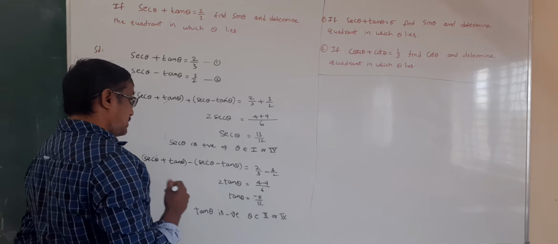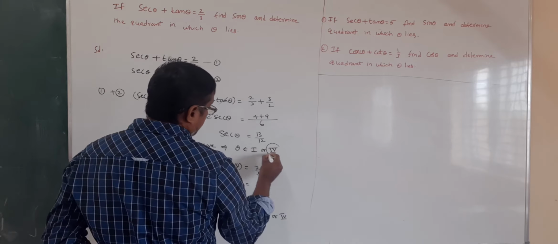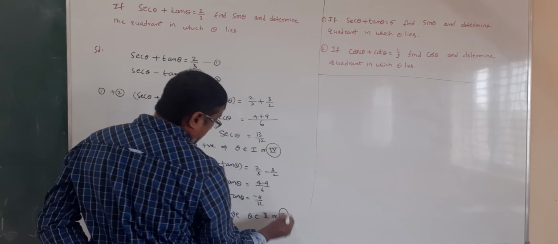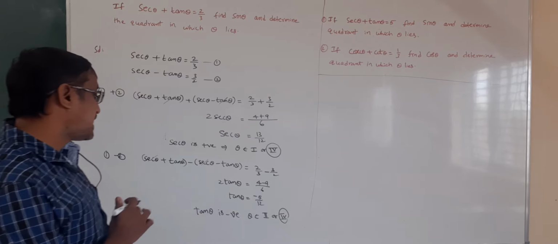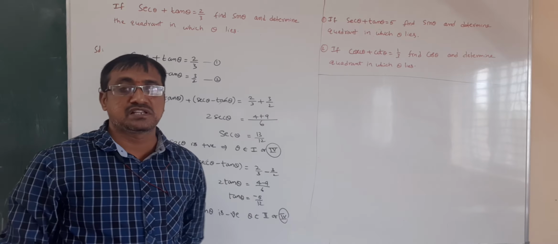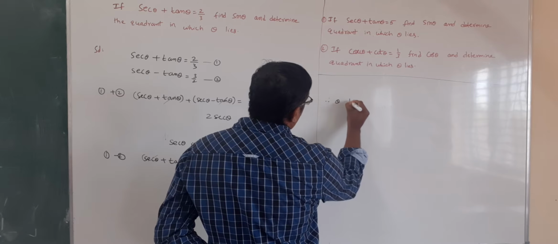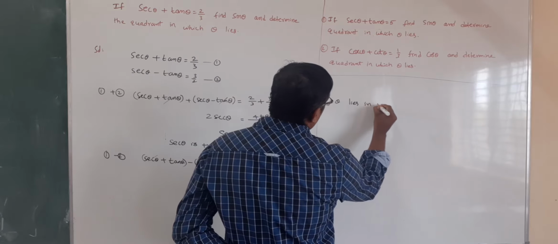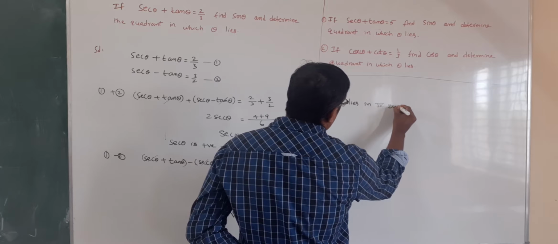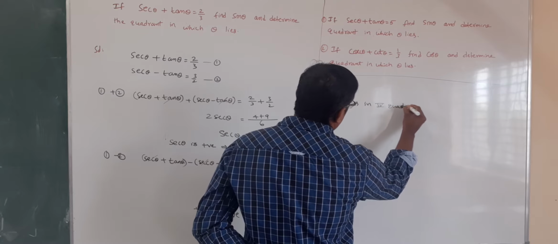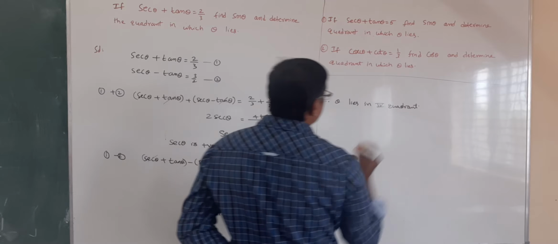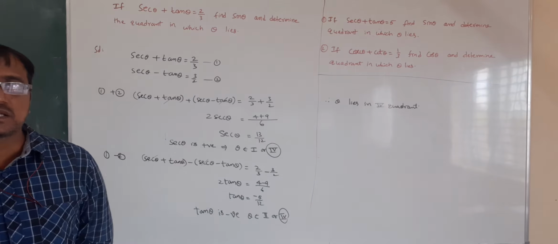Now you have the common quadrant, that is the required answer. Here you have the common number, that is 4. So secant positive and tan negative is in the fourth quadrant. Therefore theta lies in the fourth quadrant. That is the position of the angle theta.